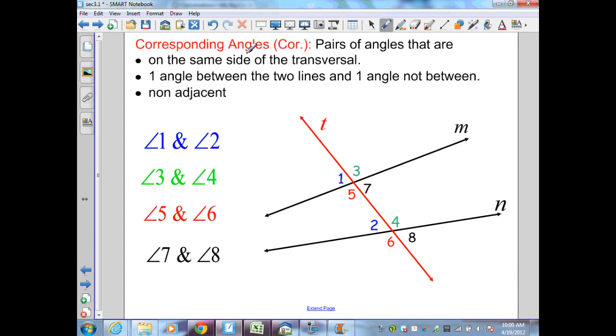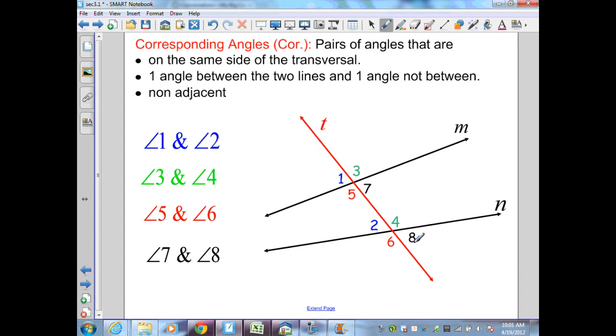Here, when I identify my corresponding angles, 1 and 2: same side of the transversal, 1 outside, 1 inside, and non-adjacent. 3 and 4: 1 outside, 1 inside the two lines, on the same side of the transversal and non-adjacent. 5 and 6: same side of the transversal, 1 inside, 1 outside, and 7 and 8: same side of the transversal, 1 inside, 1 outside.